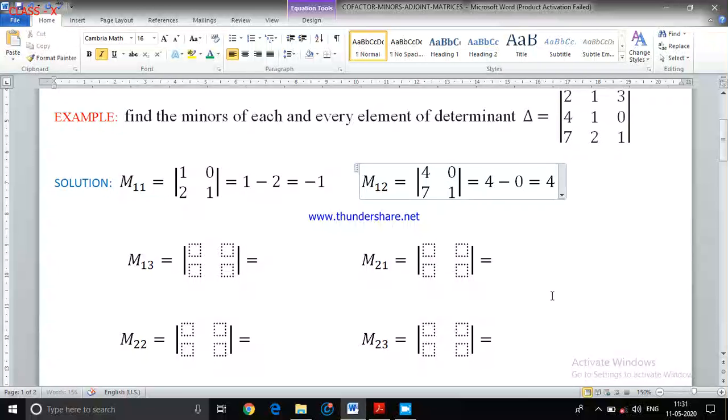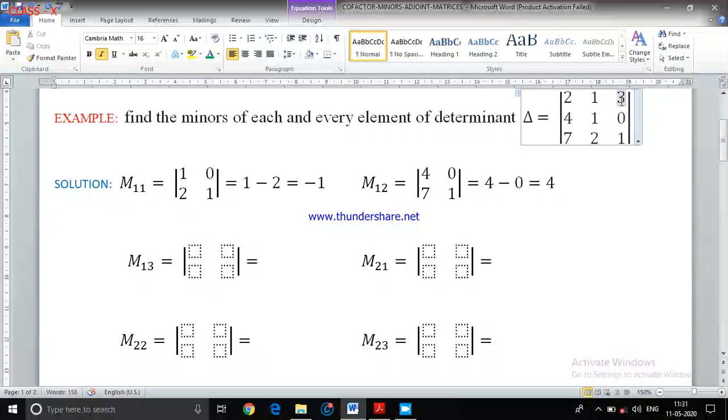Now if I want the minor of 3, what is the position of the 3? A13. The a13 element is 3. So if I want to find the minor of a13, the first row and third column have to be excluded. First row means 2 1 3, third column is 3 0 1. So what are the remaining elements? 4 1 7 2.